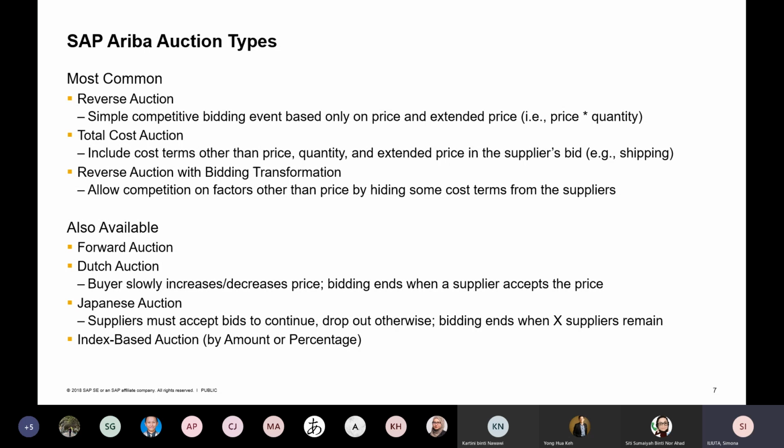You can have a common index, a ceiling index that you would agree with all of your suppliers to start with. The index-based auction, in 11 years for instance, I think I had 2 customers who ran it. So it's not very, very common, but it is available.